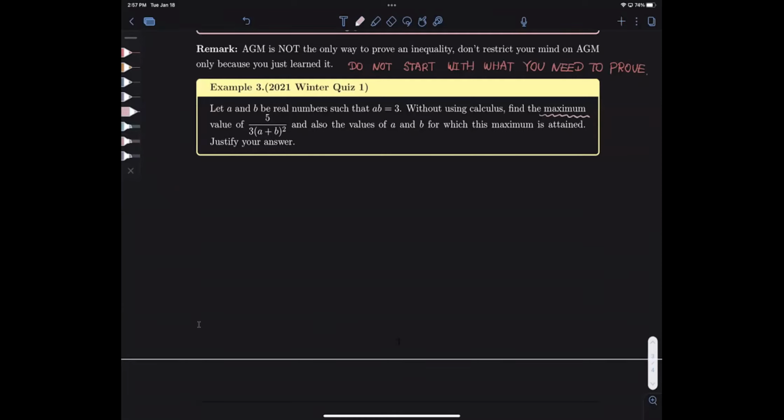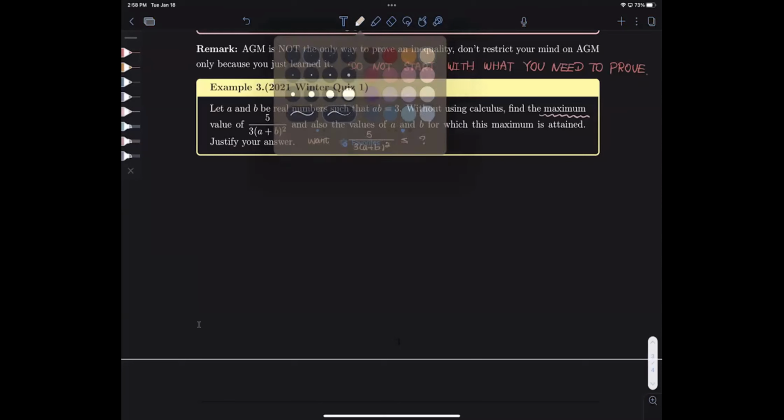So my question is, do we want 5 over 3a plus b squared to be less than or equal to something or greater than or equal to something for it to be the maximum value? You need to think about this, okay? I see most of you got it correct. We want it to be less than or equal to something. That's the first thing you should know because you know what you need to do.